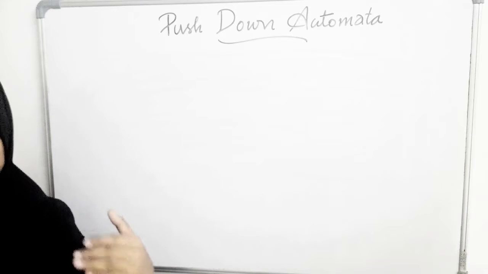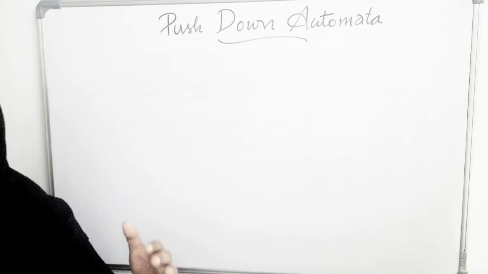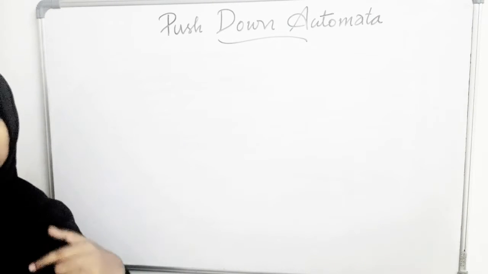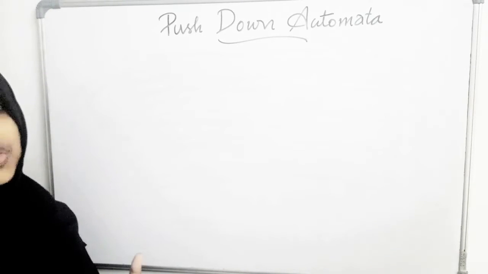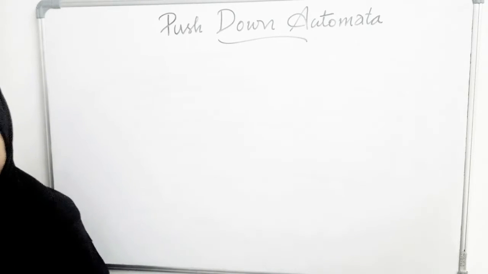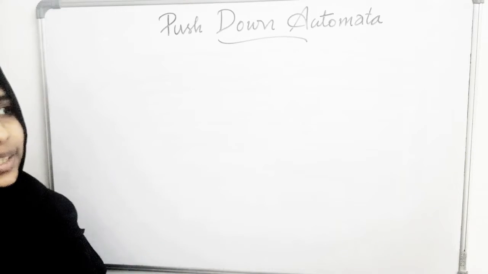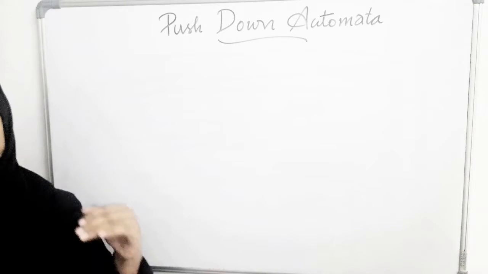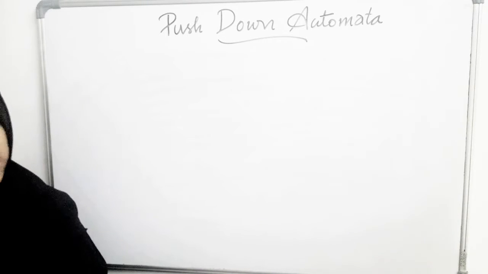Because of this, we can't always convert non-deterministic PDA into deterministic PDA. We will see examples for all these things, that is for empty stack acceptance, for final state acceptance, for deterministic PDA, non-deterministic PDA, everything in the next video when you work out examples.